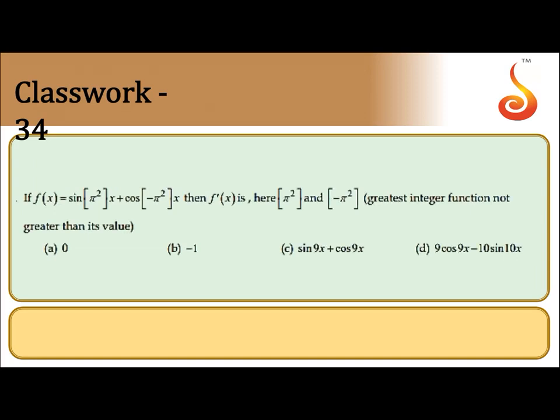Coming to the next one. F of x equals sine of the integral part of pi square x plus cos of the integral part of minus pi square x. So what is the value of f dash of x? Of course, clearly you can see that the pi value is approximately 3.1415, and pi square is approximately 9 point something.